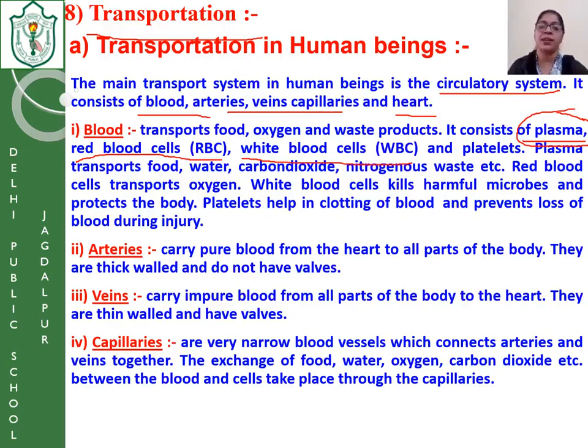Those are called antibodies. Antigen is the foreign substance, antibodies are the soldiers. These soldiers fight against the infection and protect us from any kind of infection. And the third one is the platelets. Platelets are called thrombocytes.